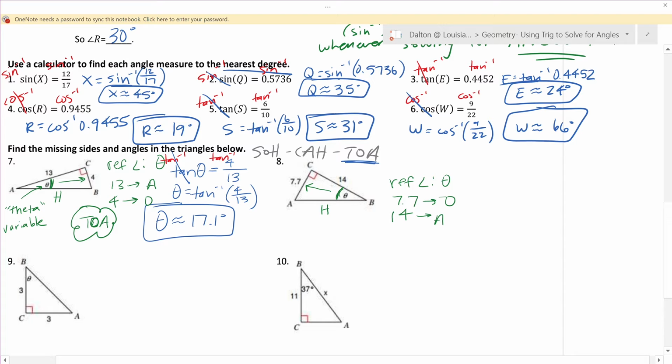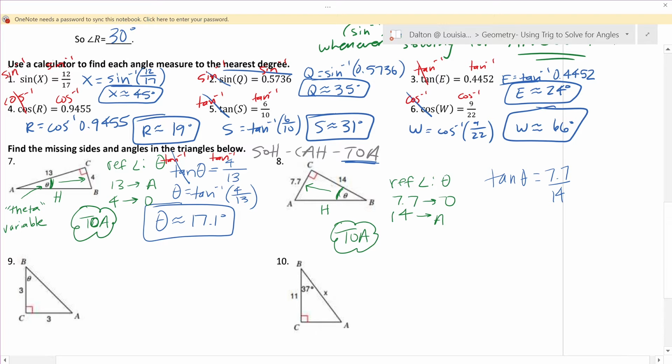So again, if I look at sine, cosine, and tangent, I need to figure out which one has O and A. Again, we have TOA, or tangent. All right, TOA. Okay, so now let me switch to blue and we'll do the calculations. If I set up my equation, tangent of theta is equal to opposite, 7.7, over adjacent, 14.